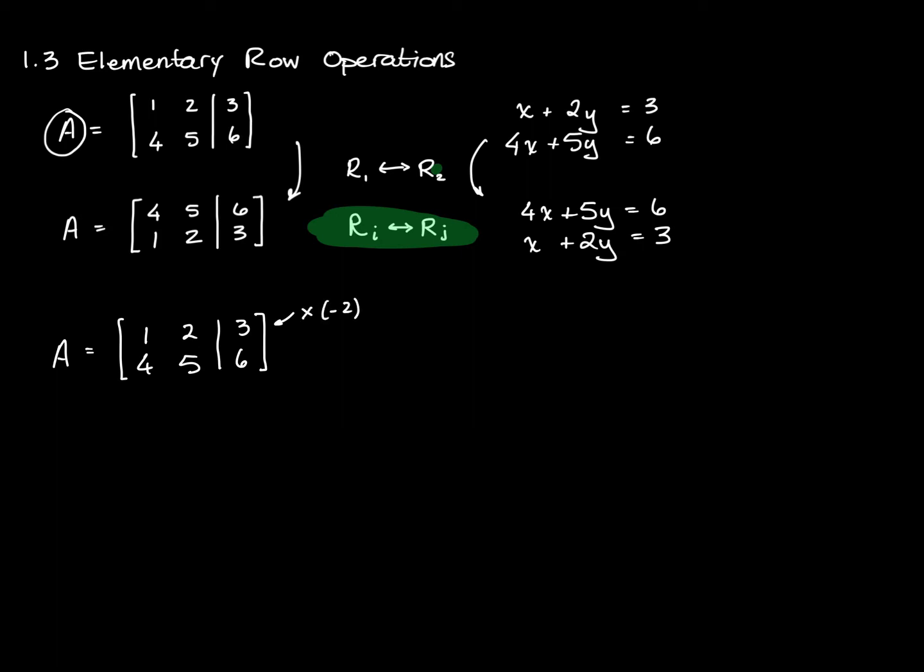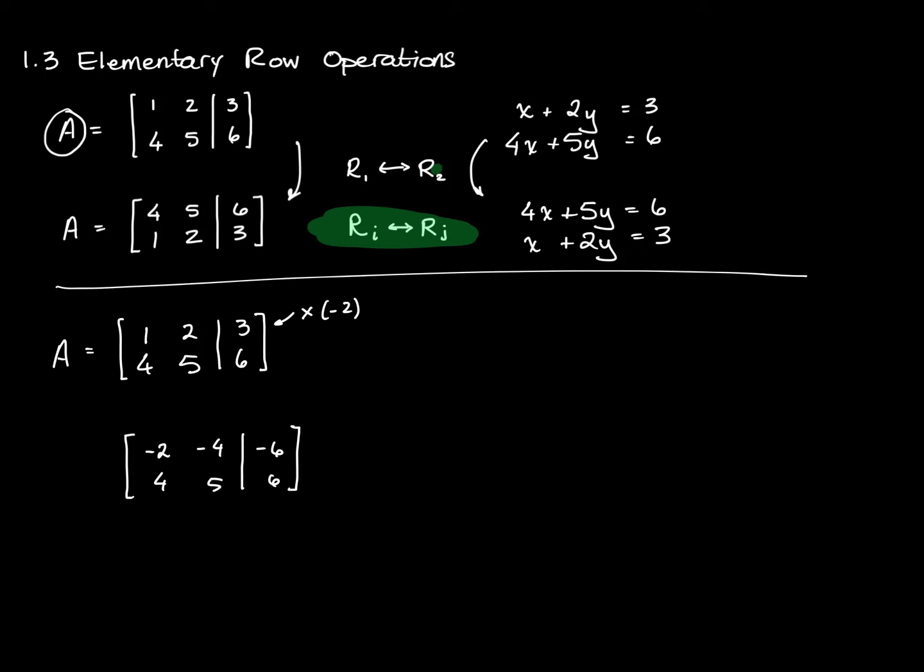That's going to give me a new matrix. Negative 1 times -2 is -2. 2 times -2 is -4. 3 times -2 is -6. And then I'm just going to copy down my second row because I'm not operating on the second row in this example, just on the first one. Let's draw a line between these.